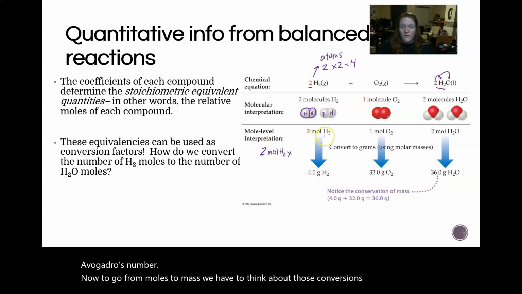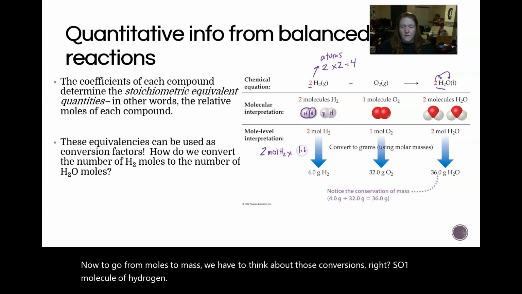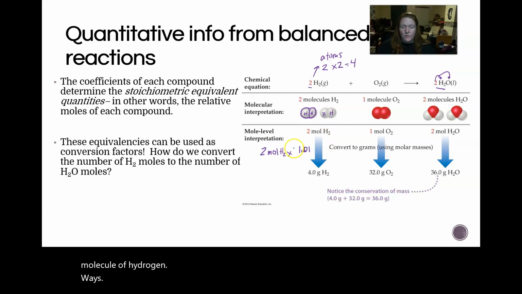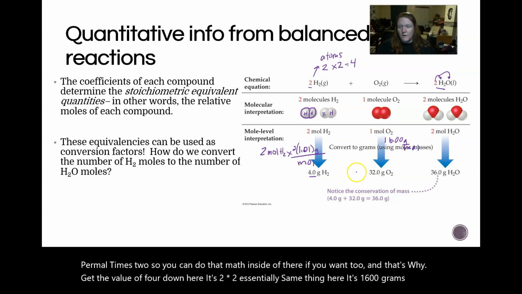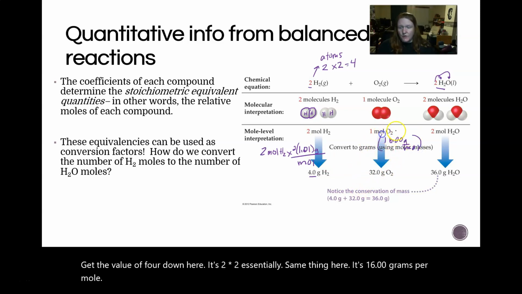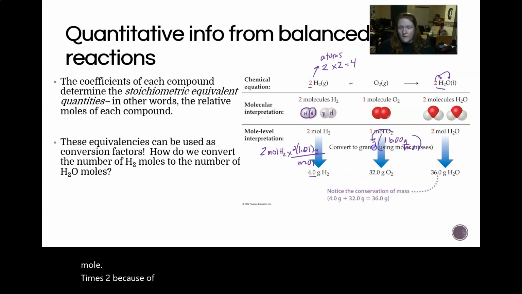So 1 molecule of hydrogen weighs 1.01 grams per mole times 2. So you can do that math inside of there if you want to. And that's where they get the value of 4 down here. It's 2 times 2 essentially. Same thing here. It's 16.00 grams per mole times 2 because of the subscript. And that's where you get 32 grams from.